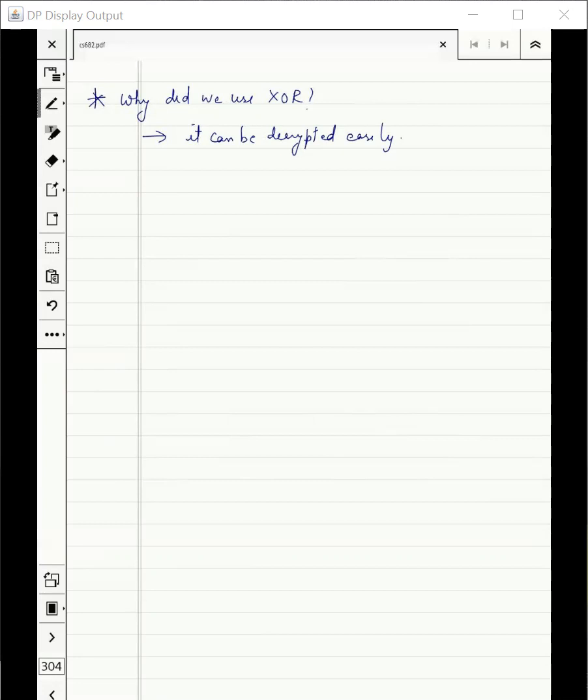Yeah. So very good. So the point is that Ri hides Mi intuitively.